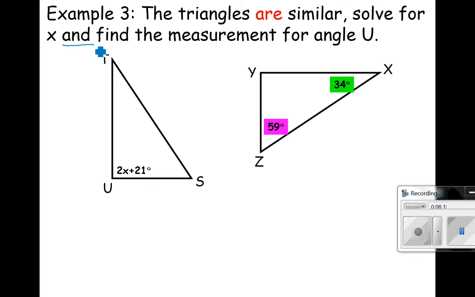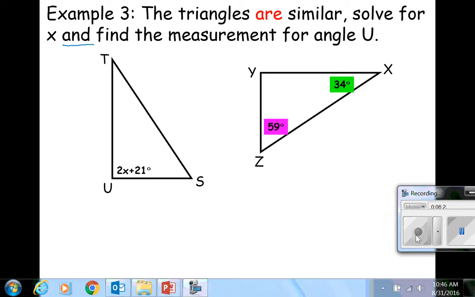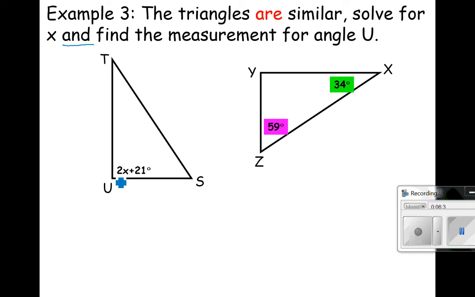So the first thing I'm going to do is figure out which angles are corresponding because it's telling me they are similar. This one looks like the right angle. It may or may not be, but it looks like one. I can't determine that it is because it doesn't have the little right angle square in it.